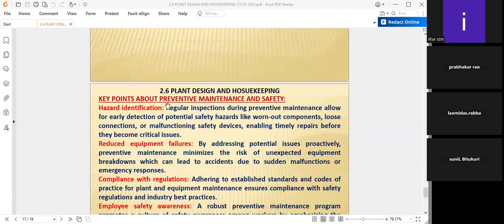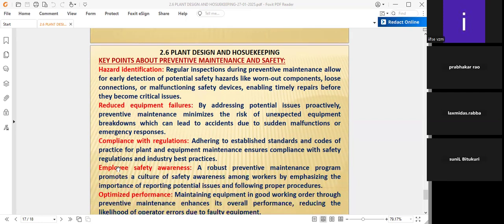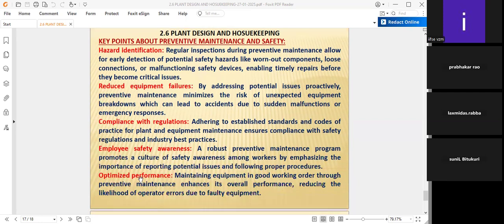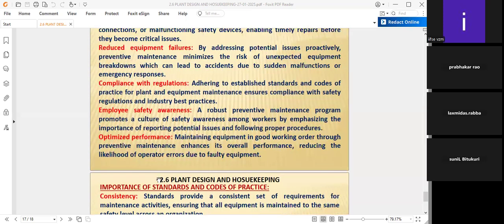Key points about preventive maintenance and safety: hazard identification, reduced equipment failures, compliance with regulations, employee safety awareness, optimized performance, and the importance of standards and codes.